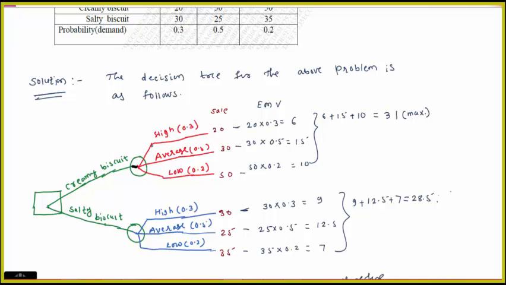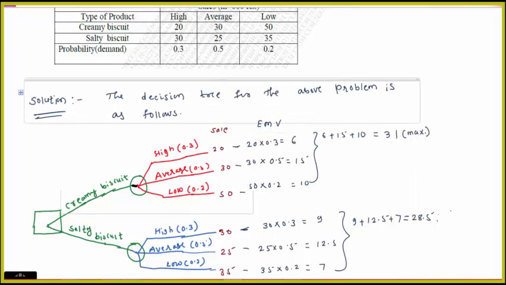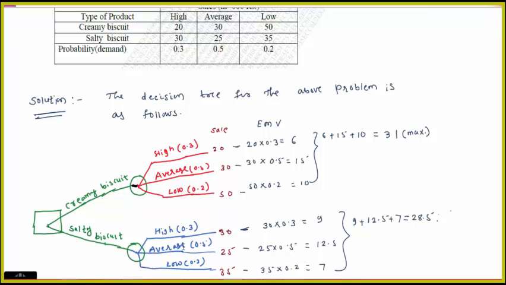The first state of nature is high, so we have written high here. This is written on a branch of the states of nature node. This is one branch, then average is the second branch, and then low. The states of nature are high, average or low.